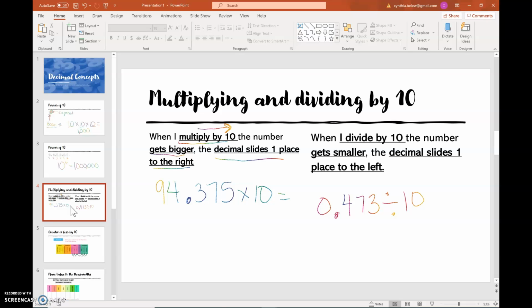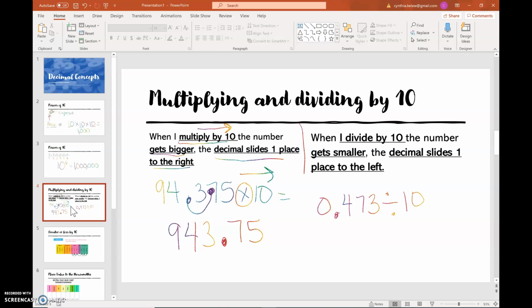So this decimal is 94 and 375 thousandths. All your child has to do is, since I'm multiplying by 10, slide that decimal one place to the right. The decimal is now right here, so I rewrite it. 943 and 75 hundredths. There's absolutely no math involved on this.